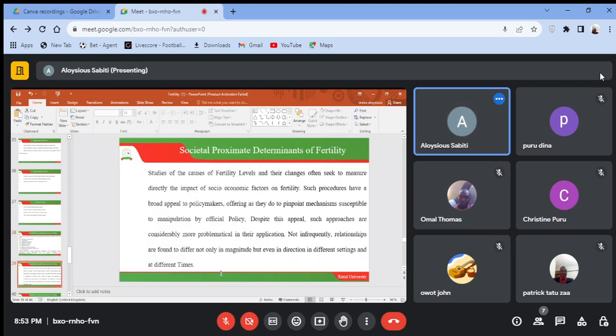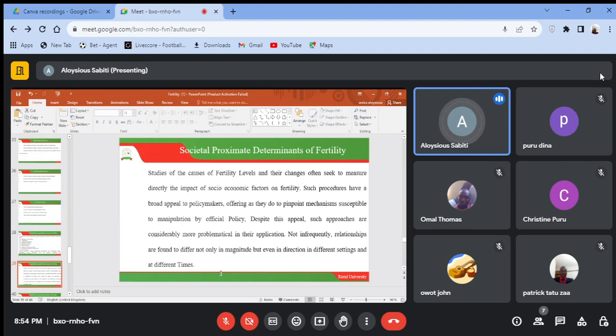So here, for the introductory, you were saying that studies of the causes of fertility and their changes often seek to measure directly the impact of socioeconomic factors on fertility. So when you look at the majority of the studies that have been done, they majorly look at the direct impact of socioeconomic factors on fertility.